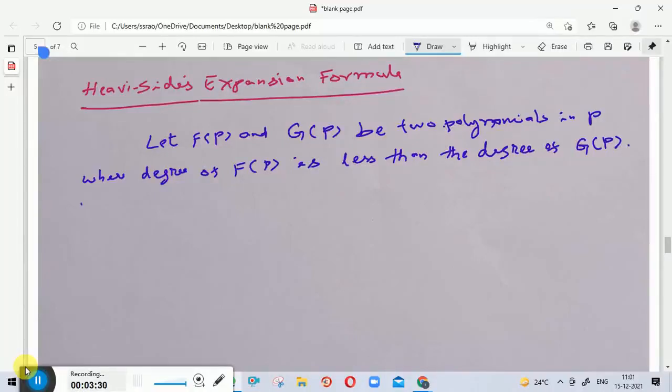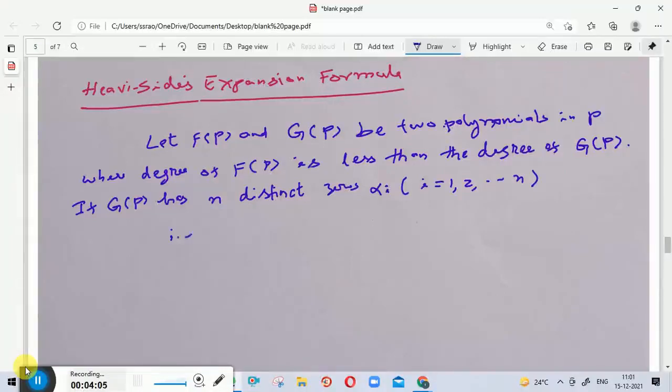If g of p has n distinct zeros, alpha i, where i is equal to 1, 2 and so on, n.